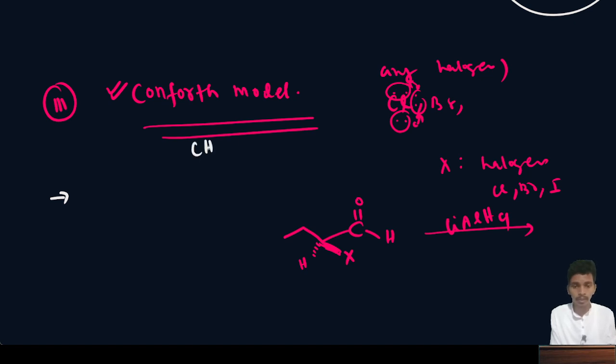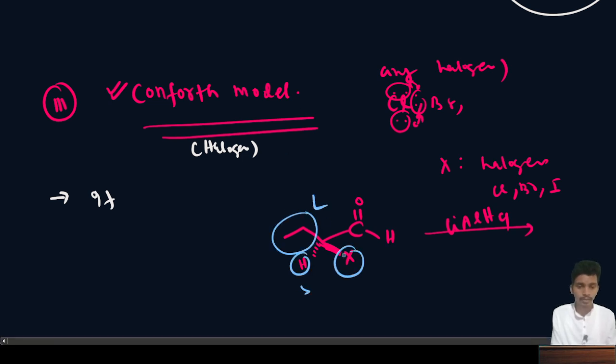This is specific to halogens. First we divide the groups into large, small, and medium.